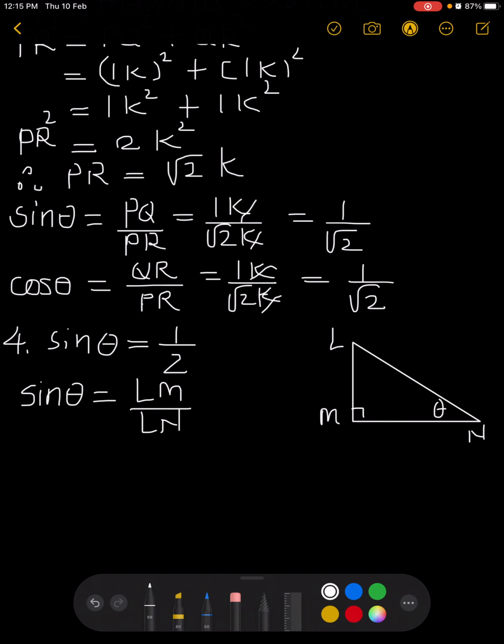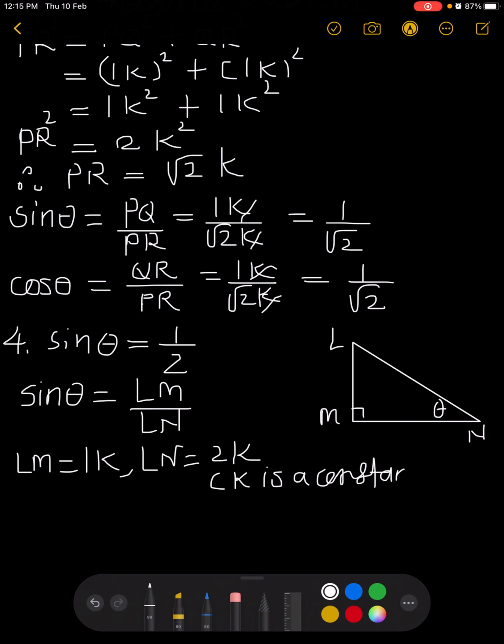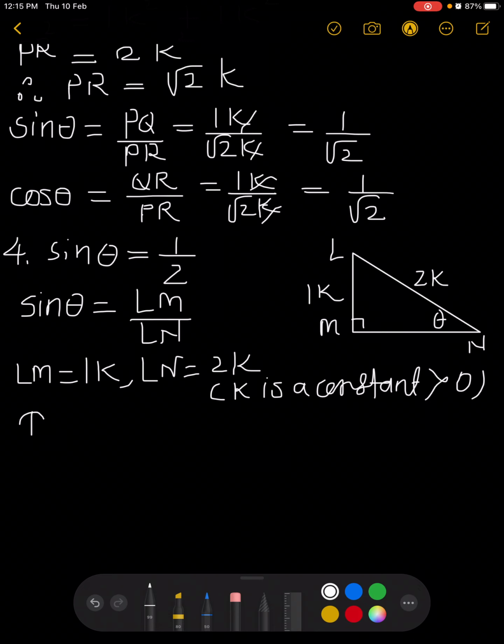I'll write here LM 1K, LN 2K, where K is a constant greater than 0. LM 1K, LN 2K. Let us apply Pythagoras theorem now.